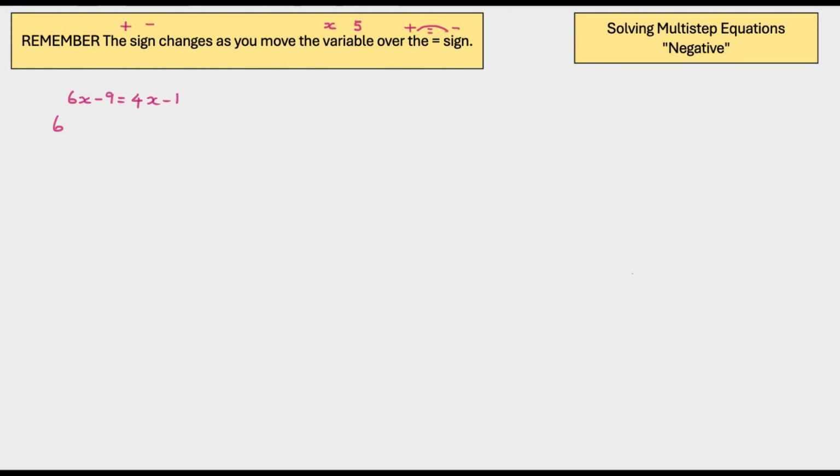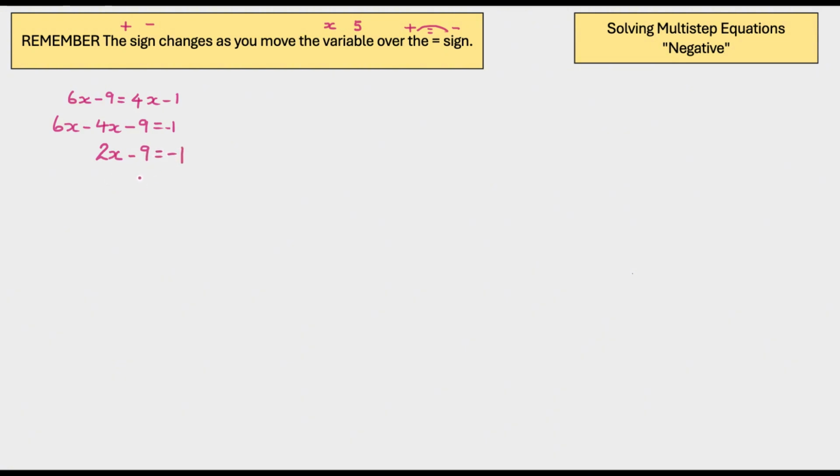So now I've got 6x minus 4x, because that's a plus. There's nothing in front of it. Subtract 9 equals subtract 1. So let's sort these out first, because the objective is to get x on its own. So 6x minus 4x is 2x. And minus 9 equals minus 1.